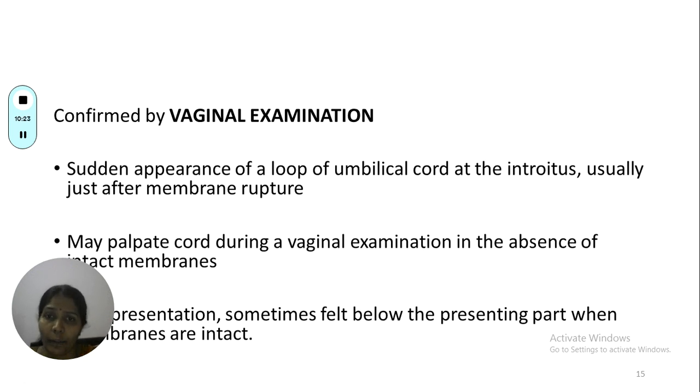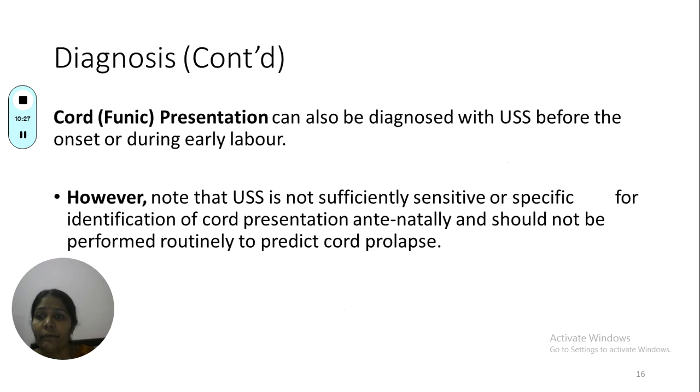We can feel the cord pulsations to confirm the cord presentation or prolapse. Cord presentation can also be diagnosed with ultrasound before the onset or during early labor. However, it is not sensitive or specific for identification, and it should not be routinely performed to predict cord prolapse.